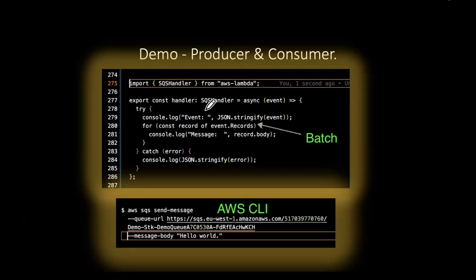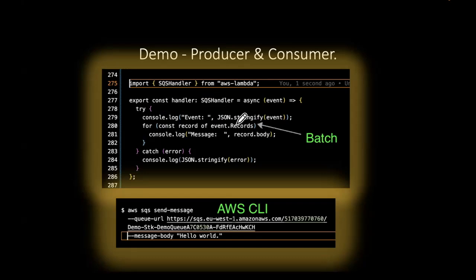As usual, I'm console logging the event just for debugging purposes. Now, this for loop, you can see I'm referencing a property within the event called Records. Straight away, that tells me this event object is somehow linked to a messaging service. Records here, you could think of as your batch.